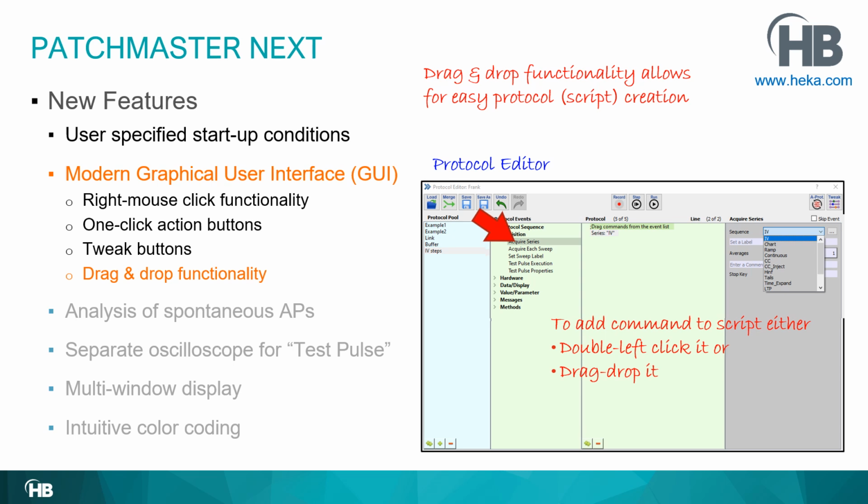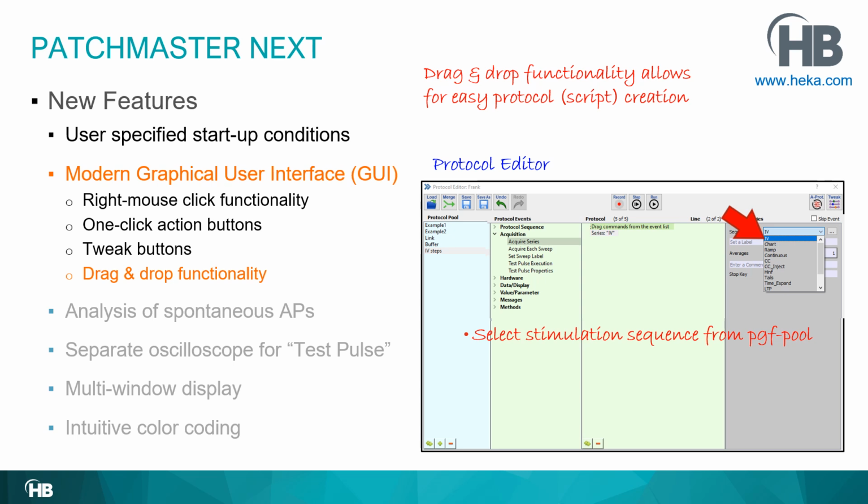You can add a command from the protocol events column into the protocol column by double clicking on it, and it will be added to the bottom of the list. Or you can left click, hold it, and drag it over to the protocol list. Here I double clicked on it, and as you can see, series appeared. And now I can select the stimulation sequence that is associated with this recording.